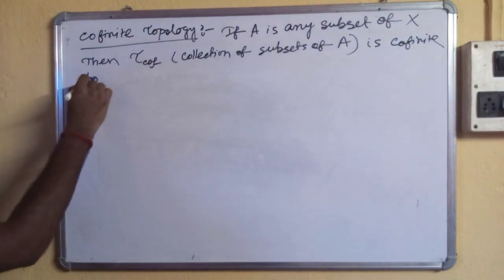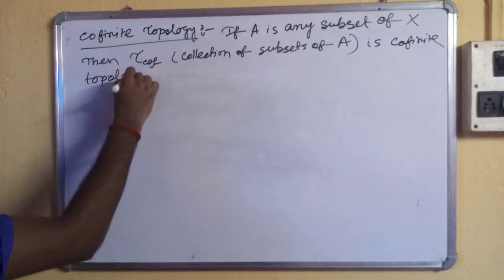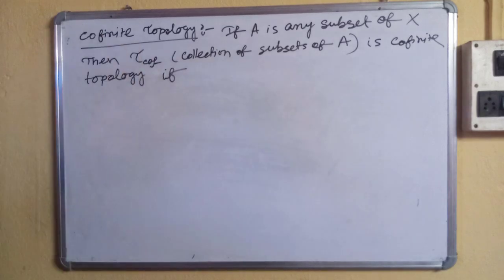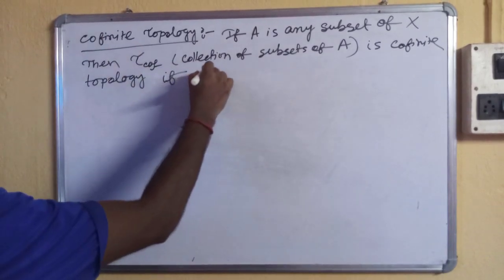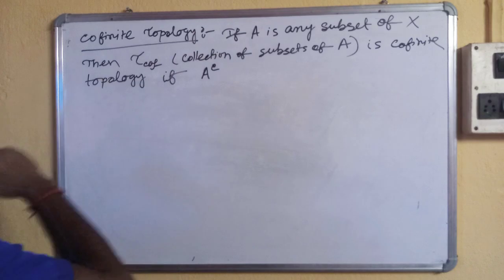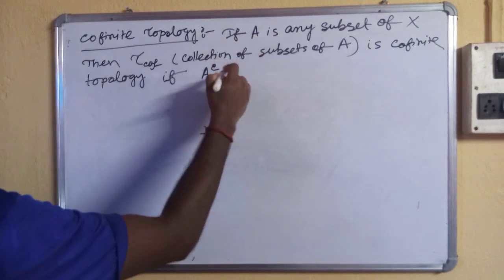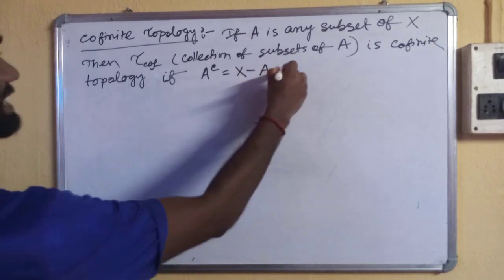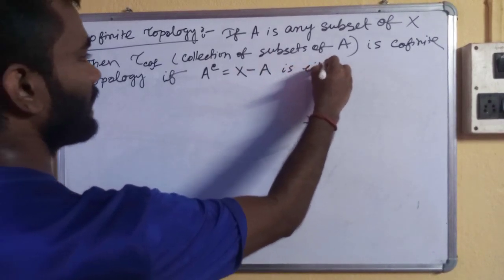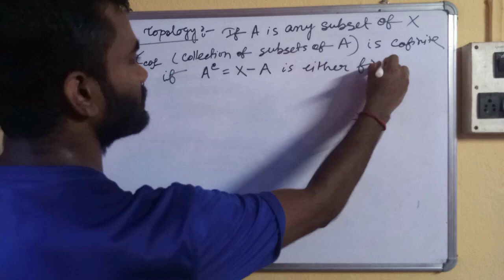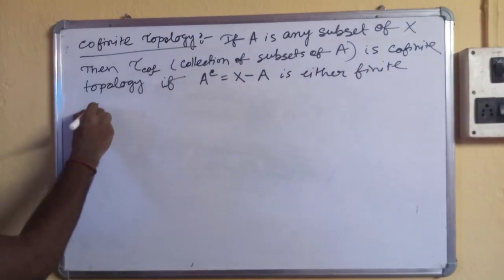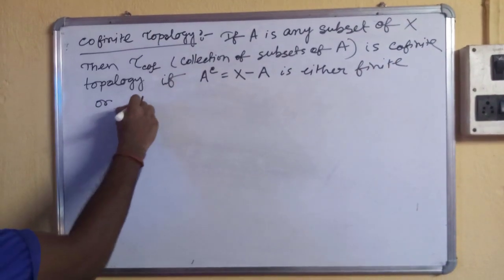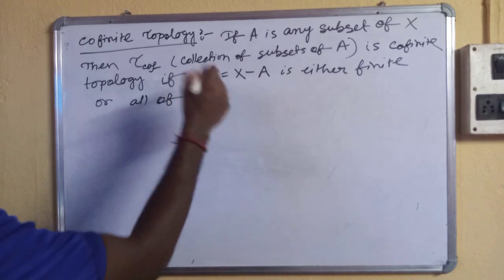Cofinite topology if the complement of this subset A, that is x minus A, is either finite or all of x.